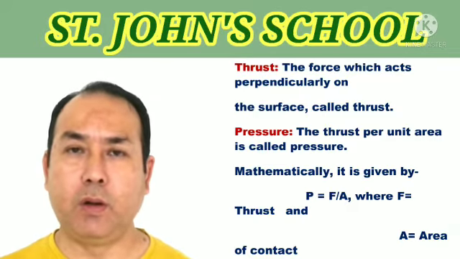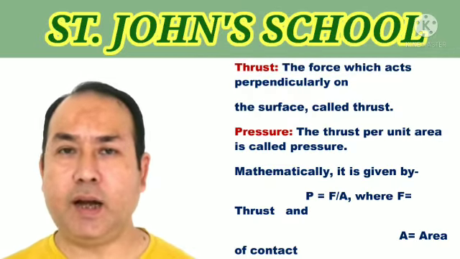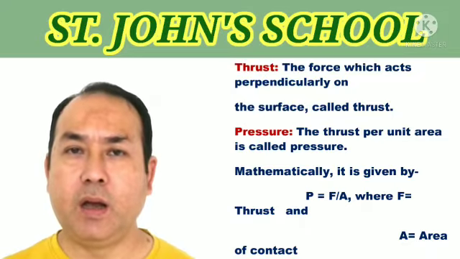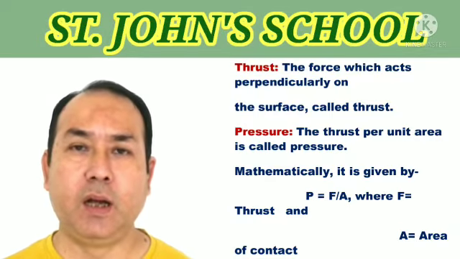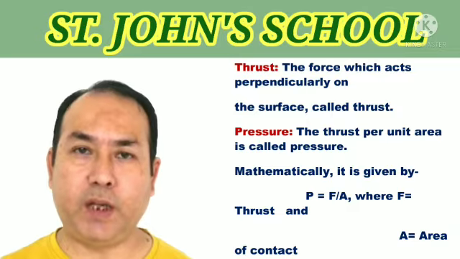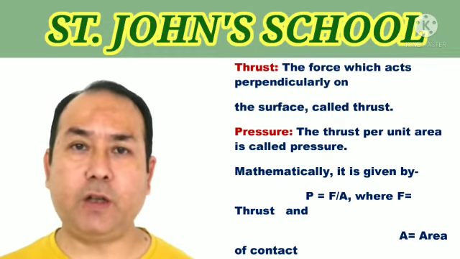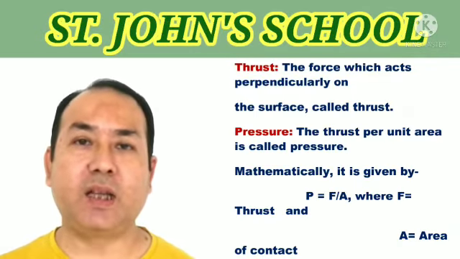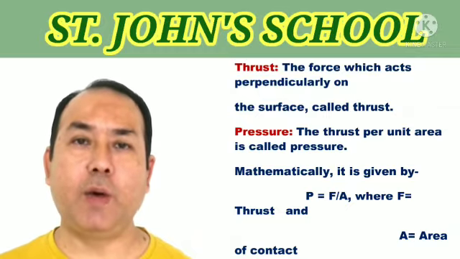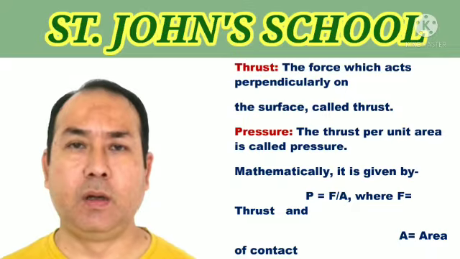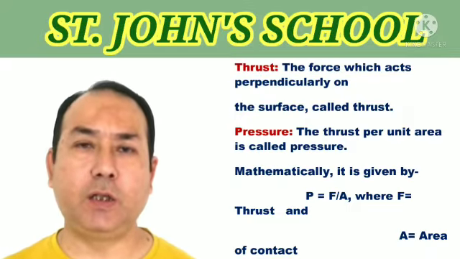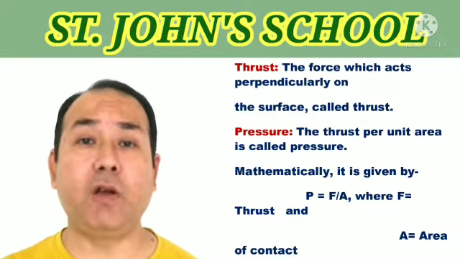But before going through all these questions, let us first clear the definition of pressure and the terms related to pressure. Before pressure, first we need to clear the term thrust, T-H-R-U-S-T. Thrust means any normal force which acts on a surface, that is, a perpendicular force.